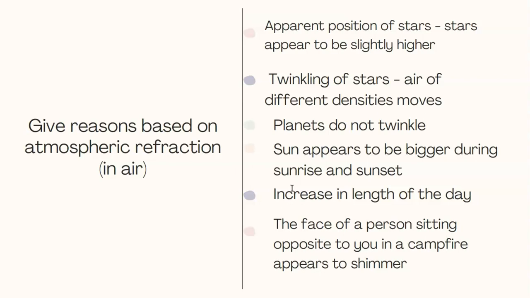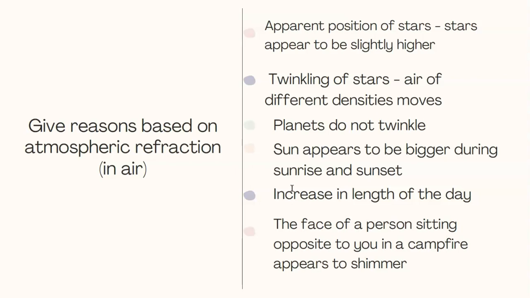Sunlight is also suffering atmospheric refraction, either when the sun is in the west or it is in the east. That is when sunlight has to travel the longest distance in the atmosphere. Due to the traveling of the long distance in the atmosphere, there is a lot of refraction taking place. Now, when a lot of refraction takes place, the sun appears to be slightly bigger and slightly raised in the sky.